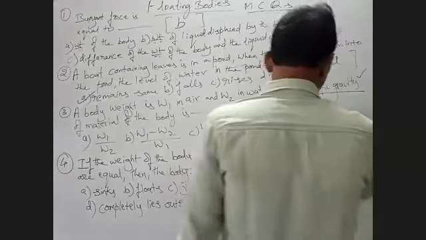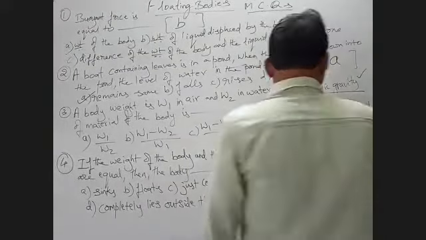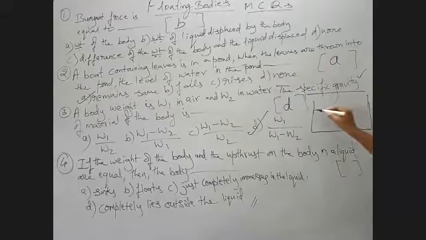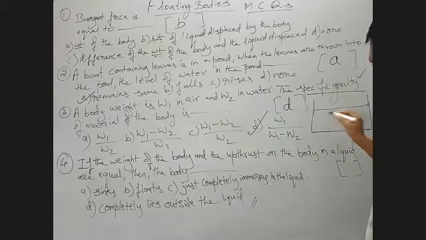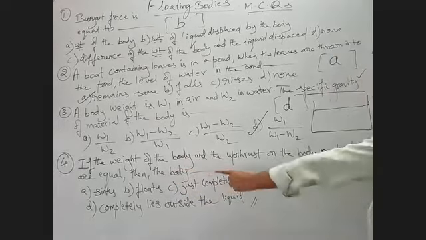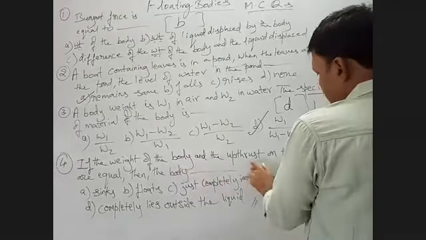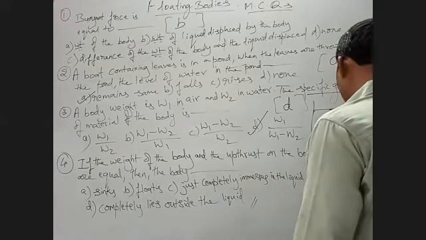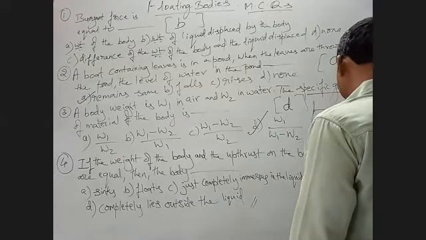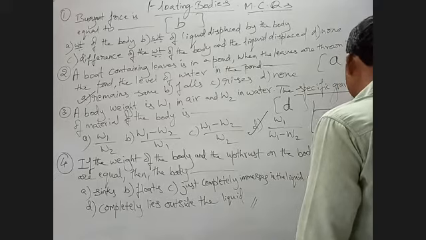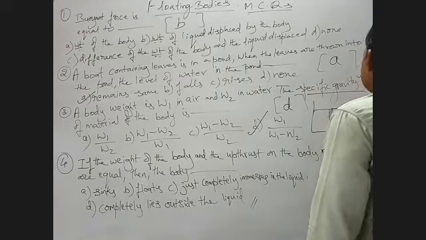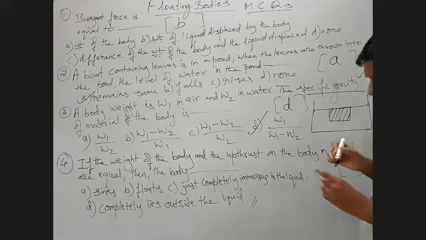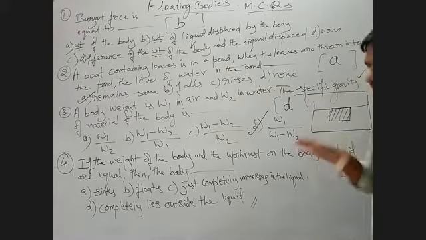Suppose this is the container and this is the level of the liquid. If the weight of the body and the upthrust on the body are equal, it floats like this. It will just completely immerse in the liquid, but not go down.